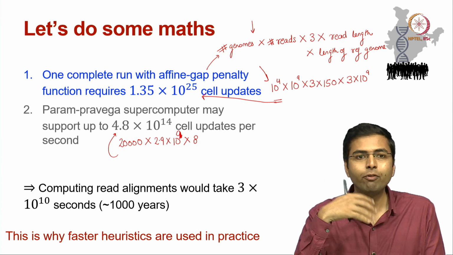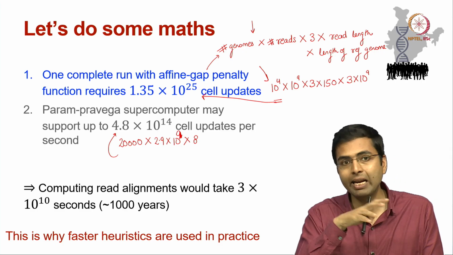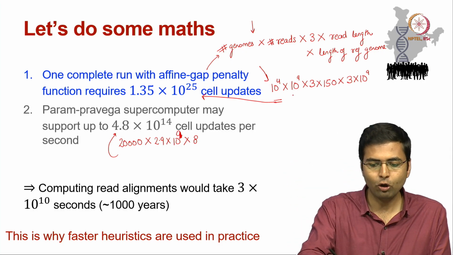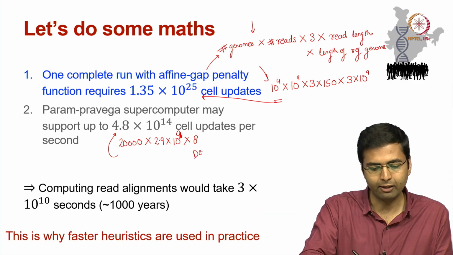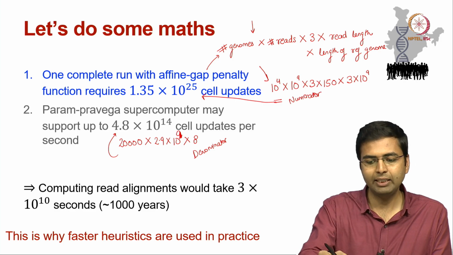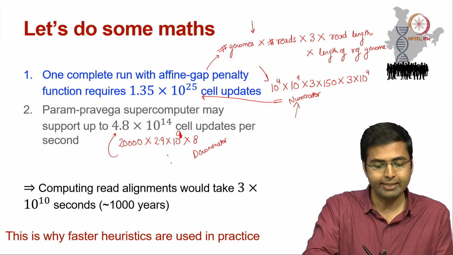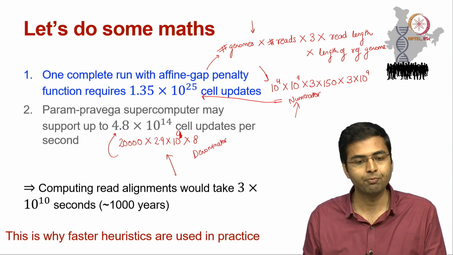Now, if I want to analyze the total time it would require to complete the dynamic programming process, I just have to take the ratio of these two numbers. This will be my numerator and this will be my denominator, because these are the number of cell updates I have to do, and these many cell updates I can do per second on the entire supercomputing machine.